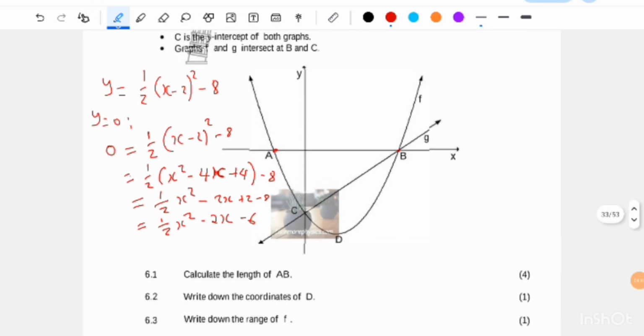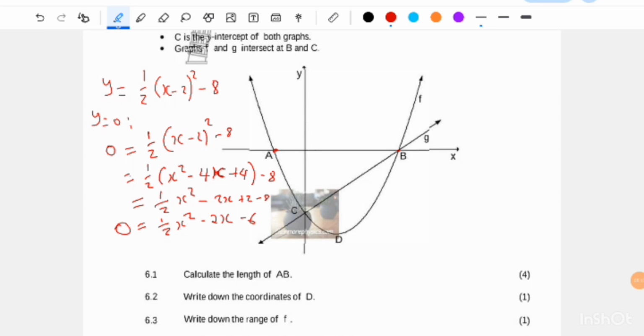Then from there, what you need to do is factorize this. But remember, because your coefficient of x squared is still half, you can multiply every term by 2. So you multiply by 2 on each side.